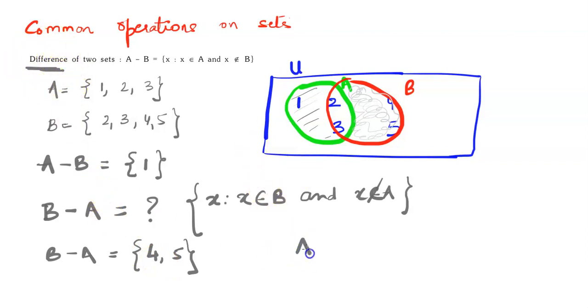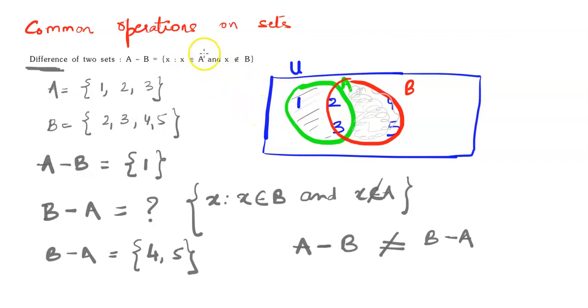Note that A minus B is not equal to B minus A. The only circumstance where A minus B equals B minus A is when A is equal to B. Otherwise, A minus B is not equal to B minus A. That's clear from the definition.